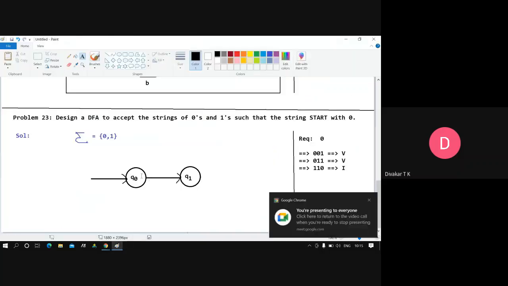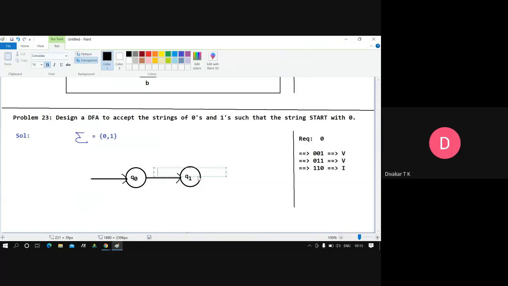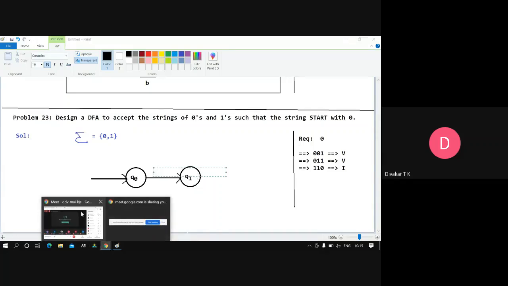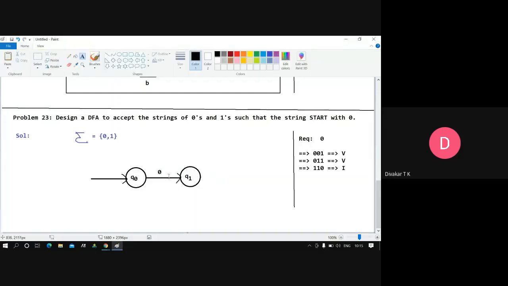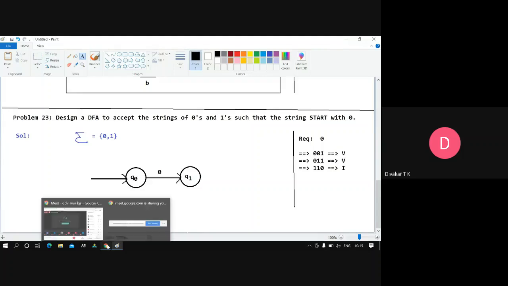So now, I'll ask question again. Kishan, can you tell me what symbol I should write for Q0 to Q1? What is the input symbol? Sir, 0. Very good. Kishan answered. Now, Q0 to Q1, which will be the ending state?